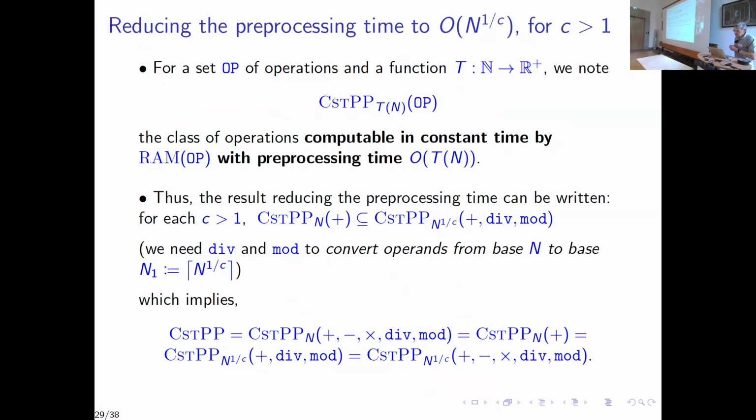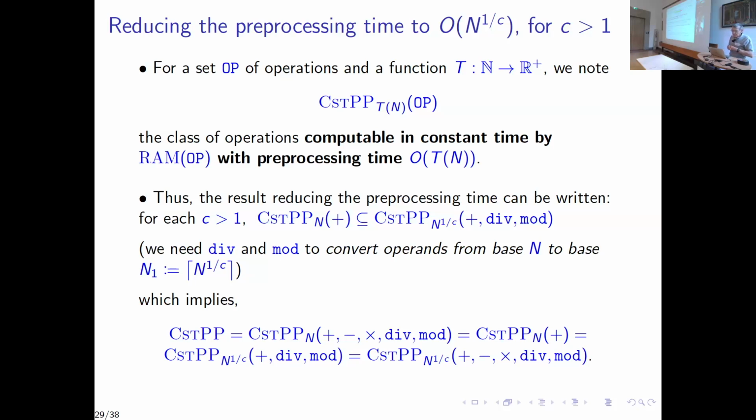I am going to give a result, and the second result with another notation you see here. You write constant time with preprocessing T(n), for any function T(n), constructible function in fact, with the operations which have been fixed.